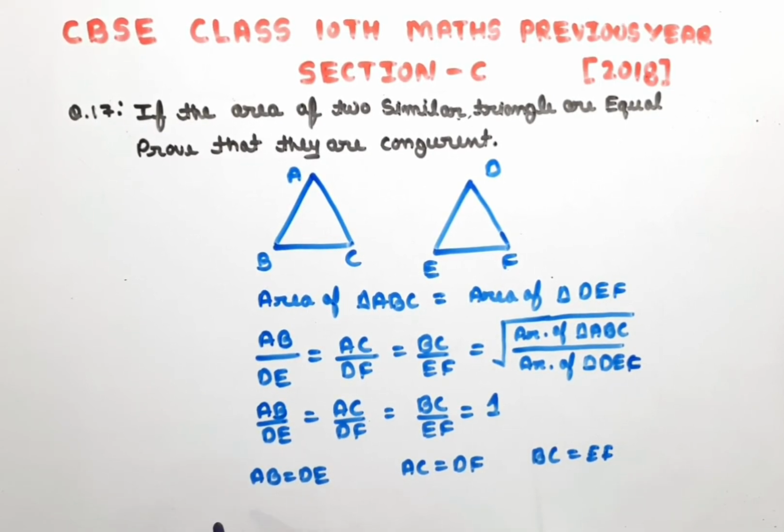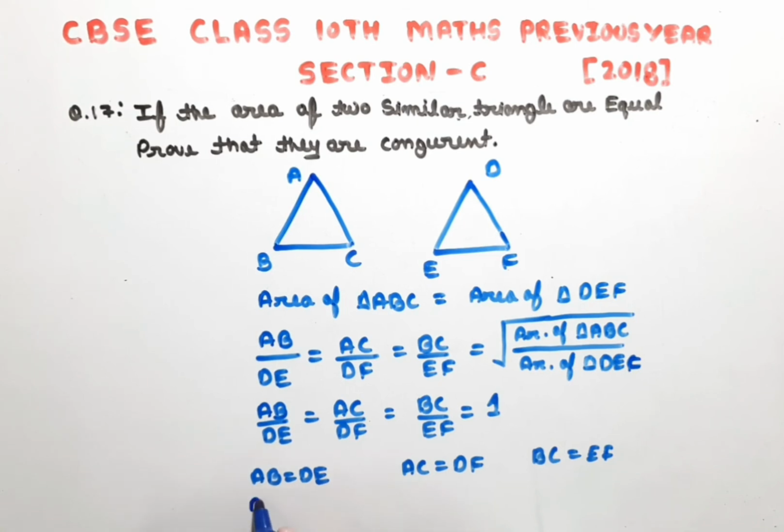Since all three sides of the triangles are equal, triangle ABC and triangle DEF are congruent by side congruency criteria.